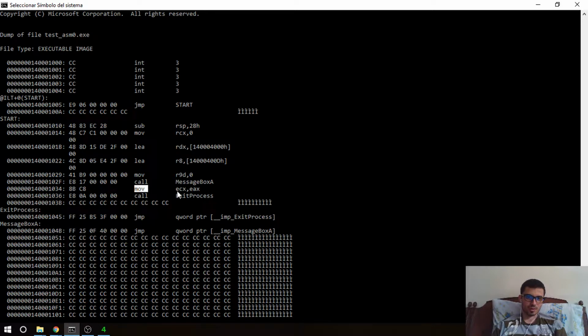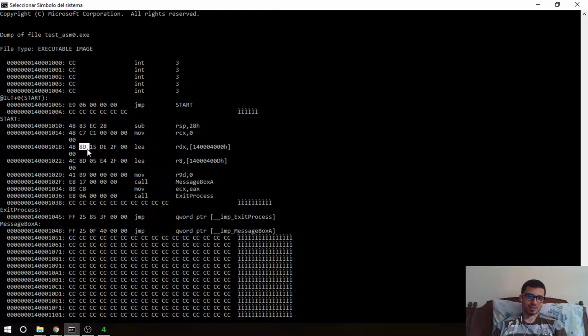For example, move EAX to ECX is encoded this way with the special 8B case and C8. And move 0 to RCX is 48 C7 C1. Okay.